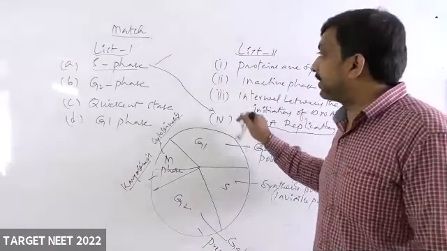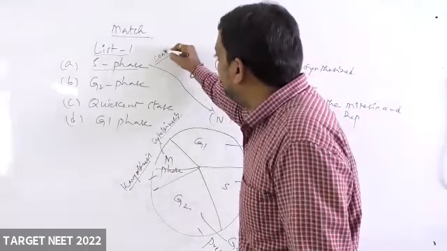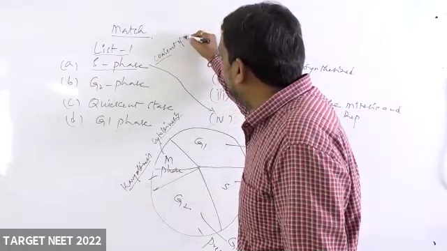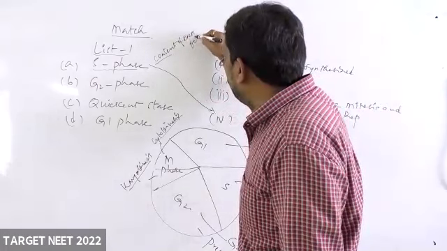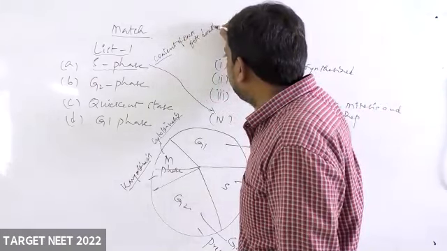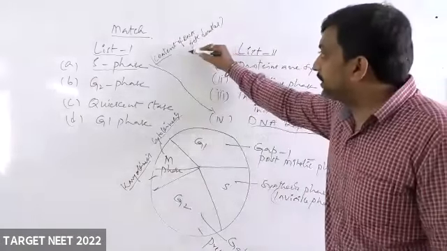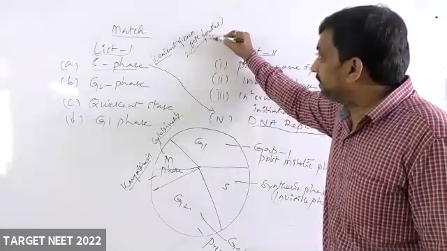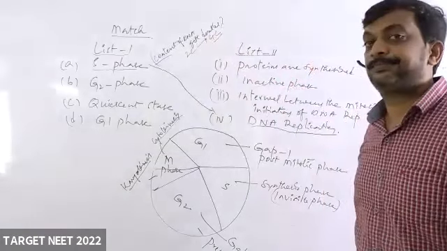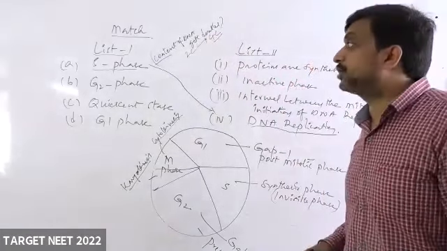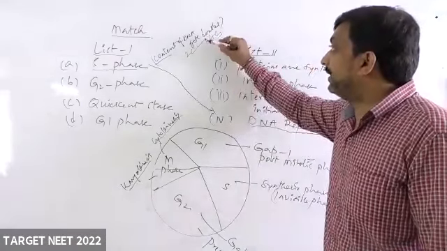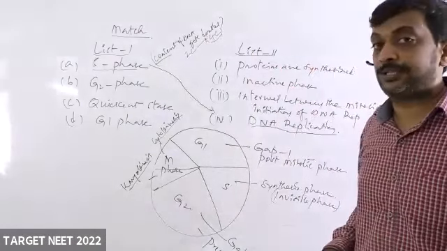In S phase, the content of DNA doubles. If the content of DNA is 2C, after replication it will be 4C, because one more copy is added.